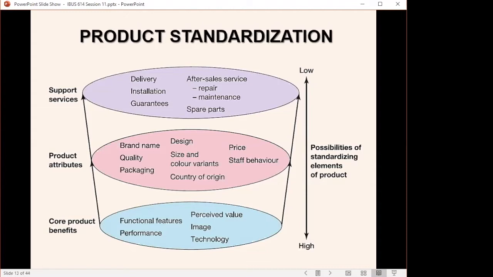However, when we come to the product attributes level, we see that there is more wiggle room now for some form of adaptation. So in as much as the core product level is standardized, we can adapt certain product attributes to suit different markets, such as brand name, for instance.